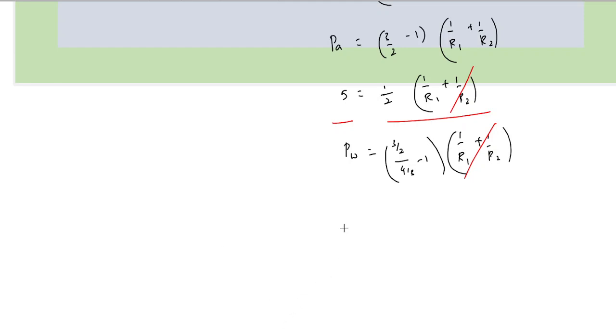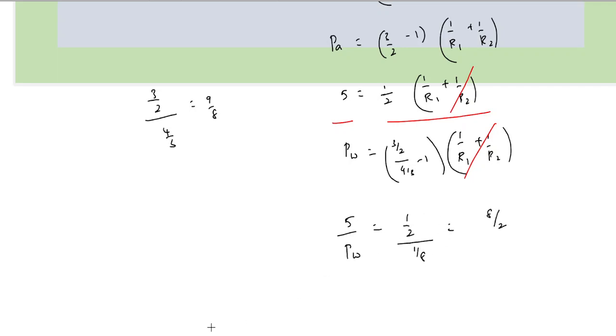Therefore, what we get here is 5 by power in water is equal to half by this term here, which is 3 by 2 by 4 by 3, and 3 goes on top, it becomes 9 by 8. So it is 9 by 8 minus 1, that will be 1 by 8. 8 goes on top, so it is 8 by 2.